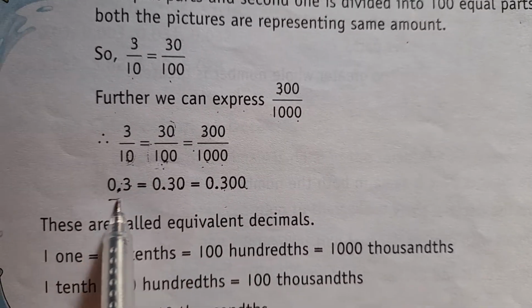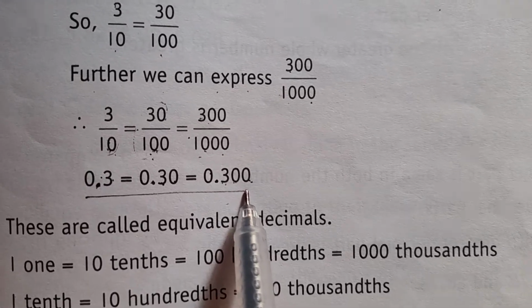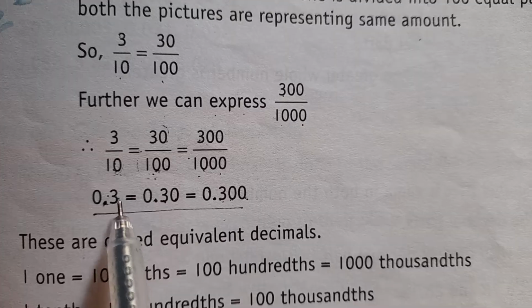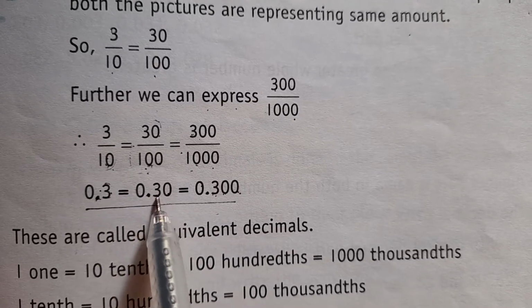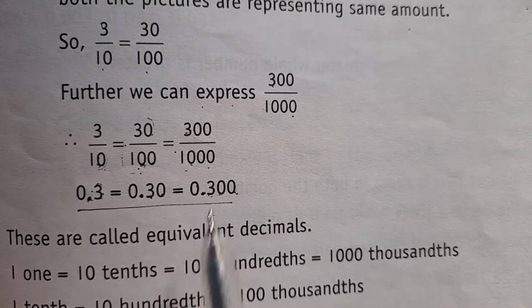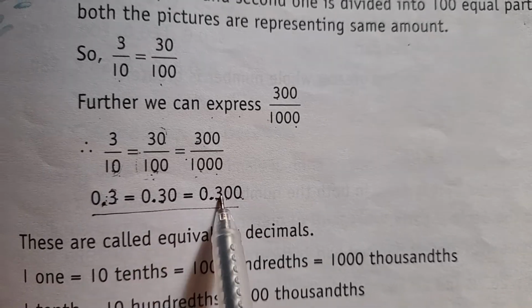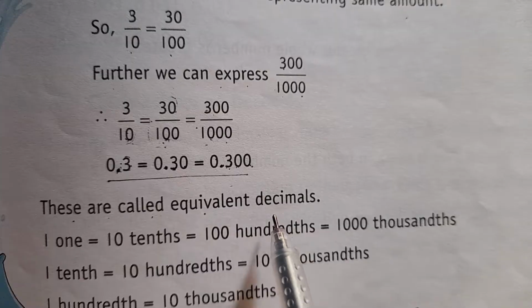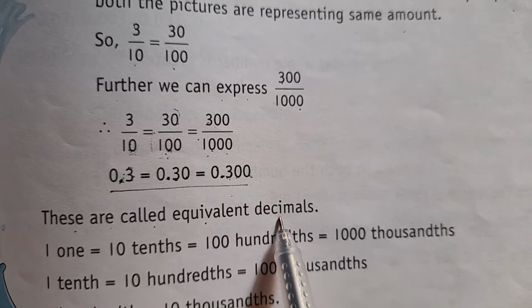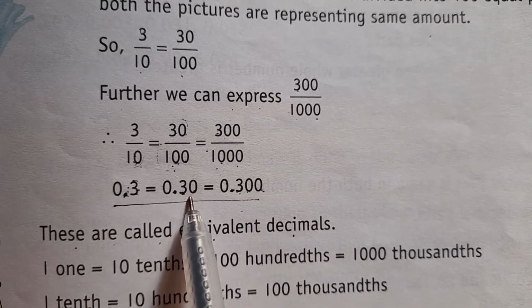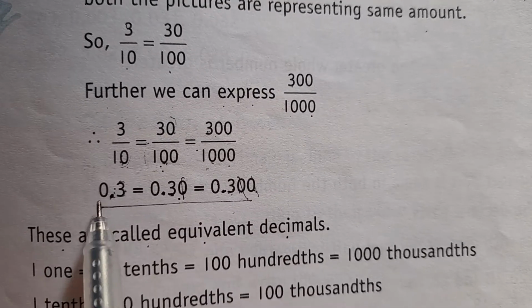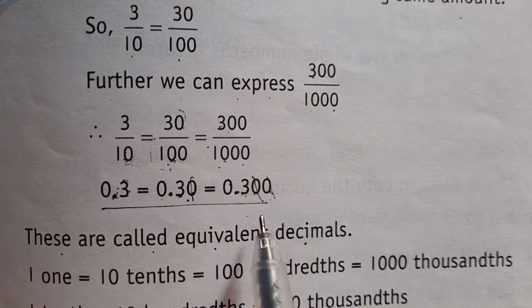So all together children, if we observe, the number after the point is 3, after the point it is 3. So all the 3 are same. That means these are called equivalent decimals. The value is same. If we write zeros or not, all are same.